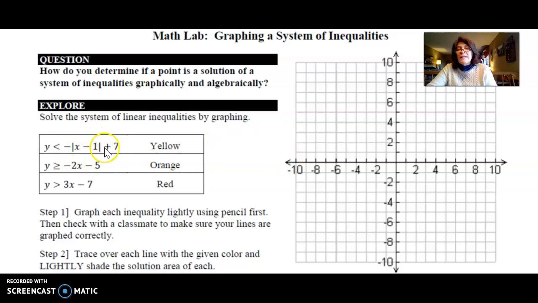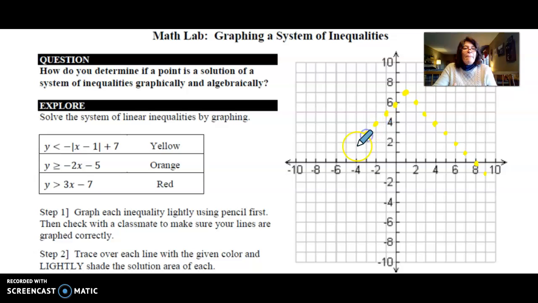So my vertex, I can see this as an absolute value equation. The vertex is at positive 1, positive 7. That's here. I'm opening down because it's negative outside of the absolute value. So I'm going to go down 1 over 1 a few times, lots of times, I think. Might as well get a nice graph of this. And then the same on this side.